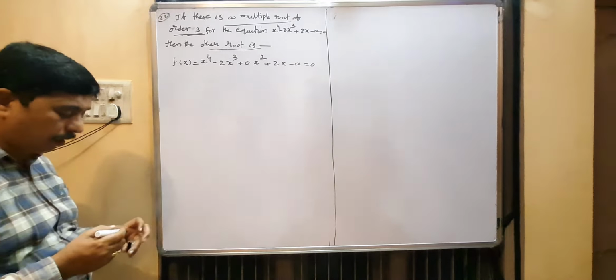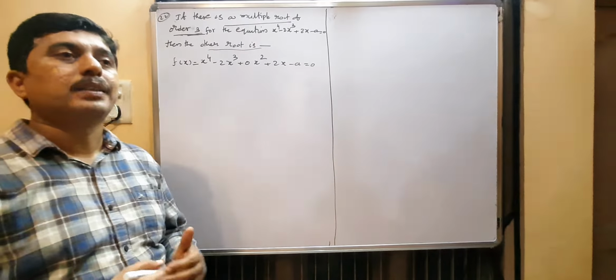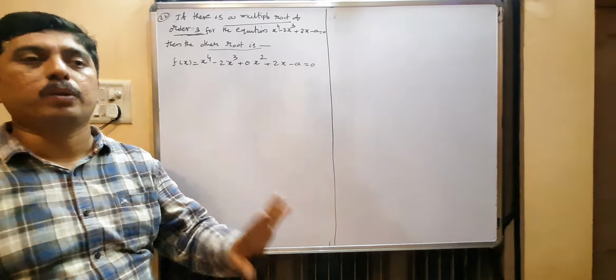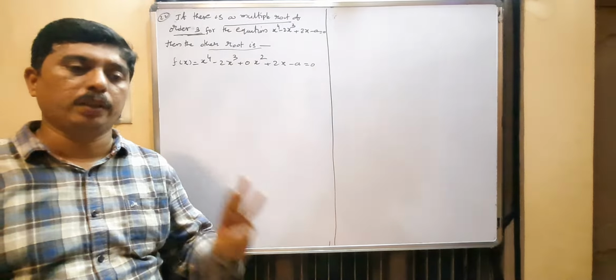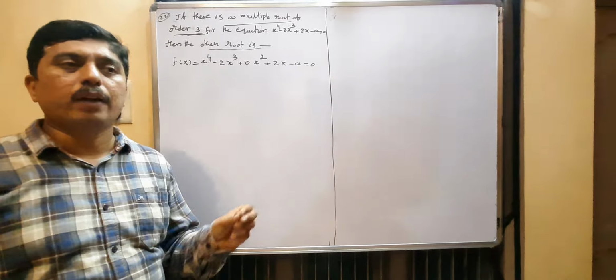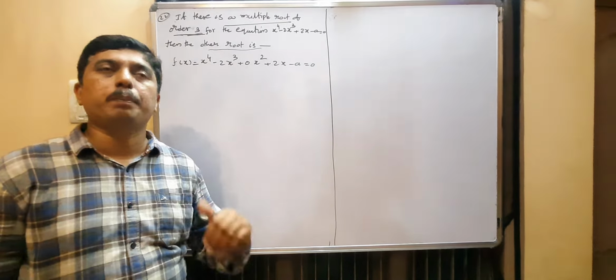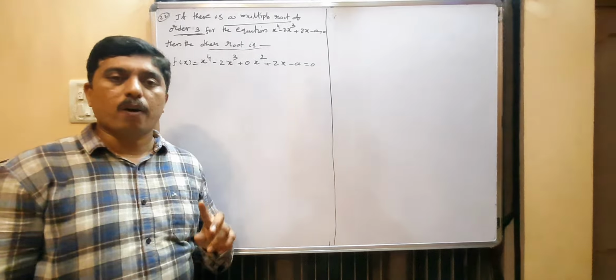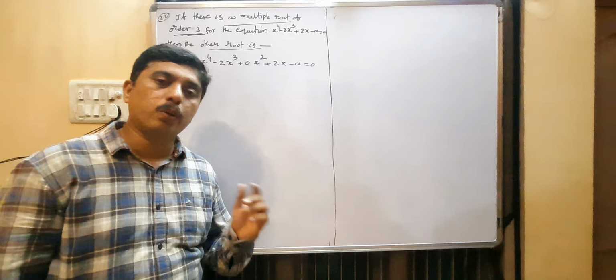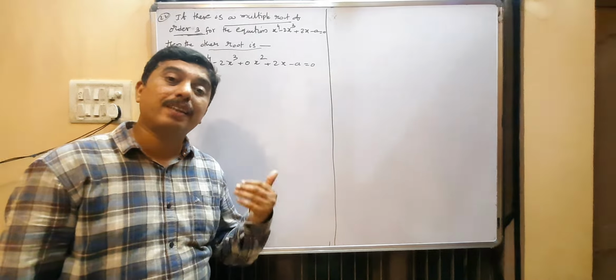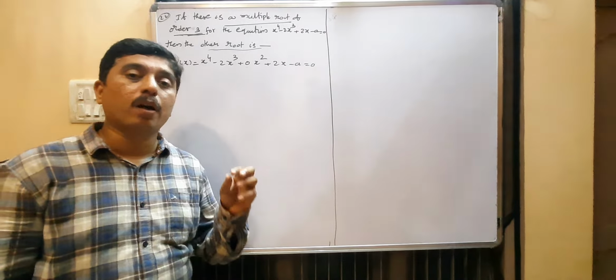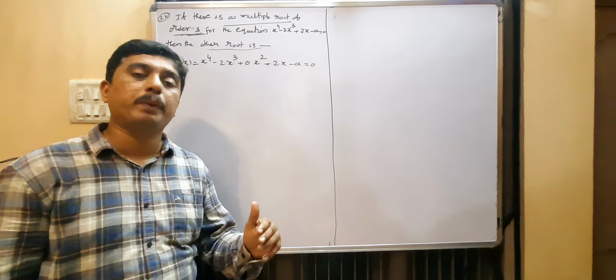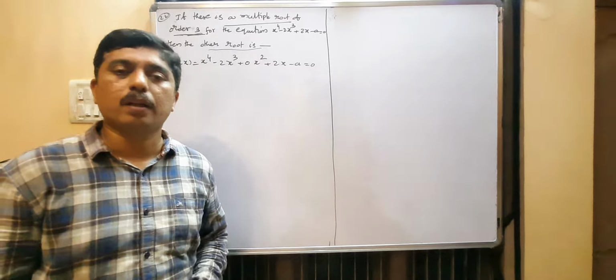If f of x and f dash x have a common root, that root is repeated 2 times. If f of x and f double dash x have a common root, the root is repeated 3 times. If f of x and the triple derivative of f of x have a common root, the root is repeated 4 times. That concept I have already given to you.